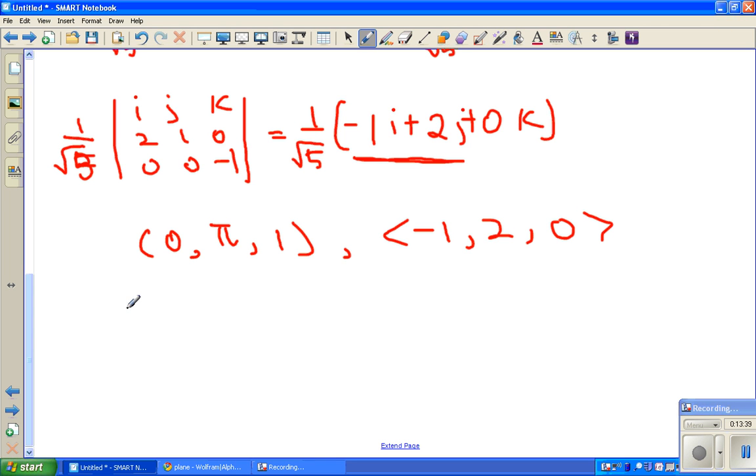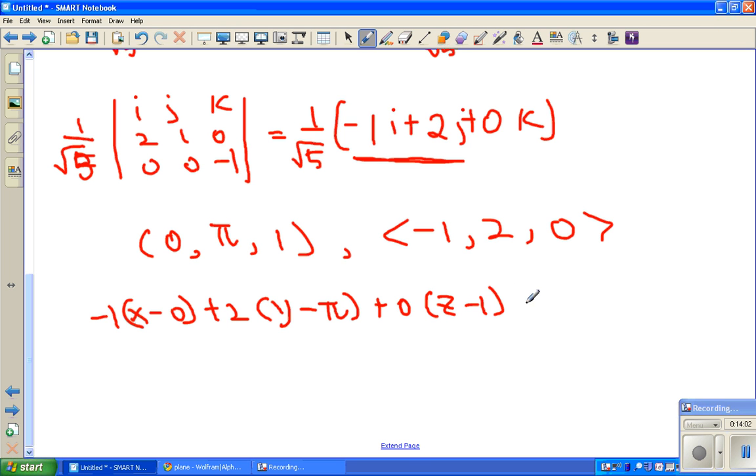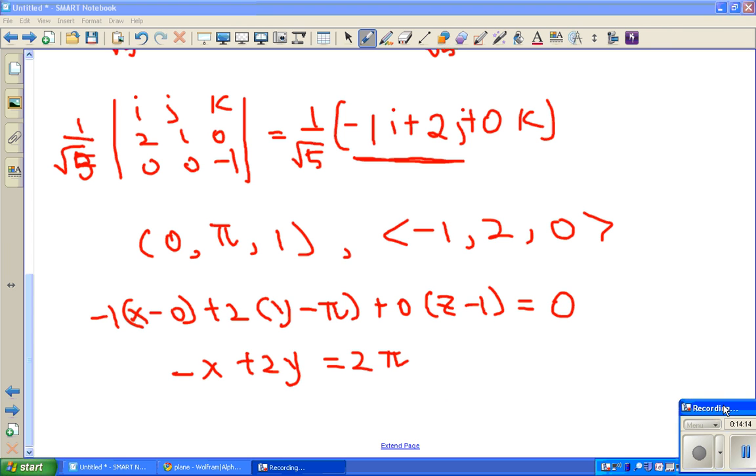So therefore our equation becomes negative 1 times x minus 0, plus 2 times y minus pi, and the rest will become 0 times z minus 1. We realize that it's equal to 0, so our final answer is negative x plus 2y is equal to 2 pi.